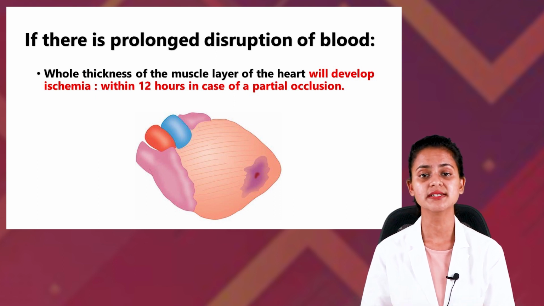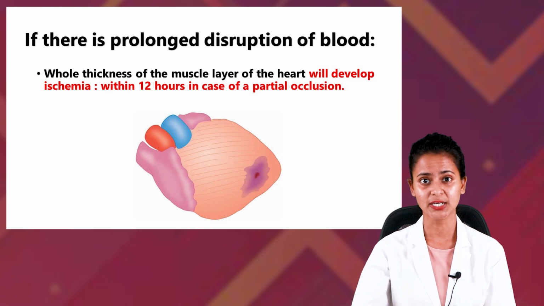If the thrombus is not completely blocking the artery, the time of necrosis for the whole thickness of the myocardium may go up to 12 hours. So basically, it depends on which artery is blocked and the location of the thrombus, whether it is partially or completely occluding the coronary artery.